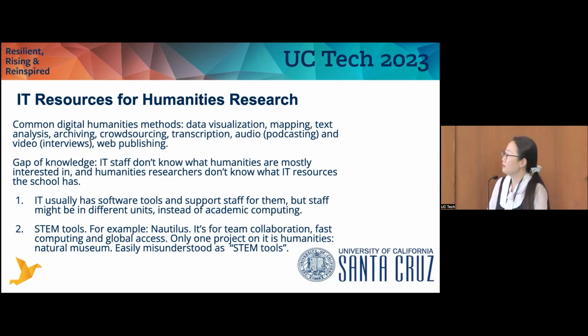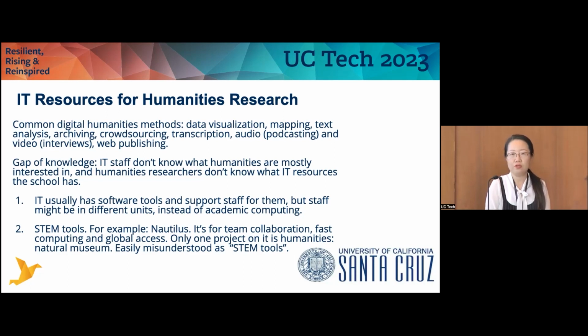However, there's a gap of knowledge between what we can do as IT staff and humanities researchers. First, we are IT professionals, but most IT staff don't know what humanities researchers are mostly interested in.